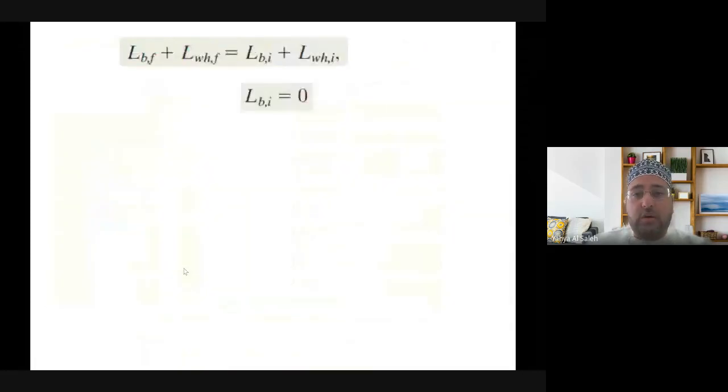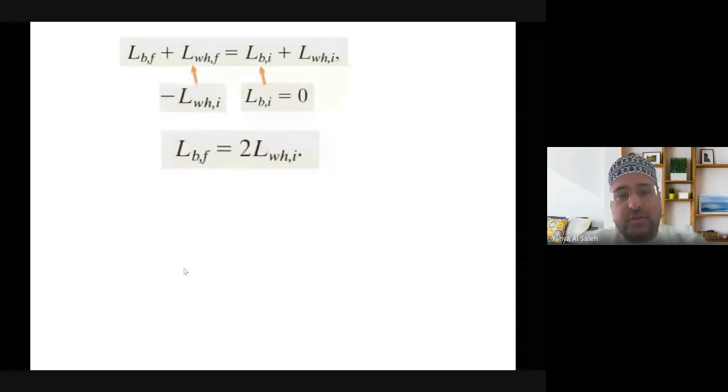Before, the body was not rotating, so angular momentum is 0. Later, it will be minus L_w. So later I have L_b plus L_w. Before I have just L_w. Rearrange: L_b equals 2 L_w.